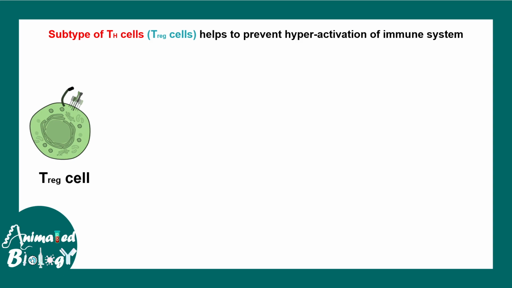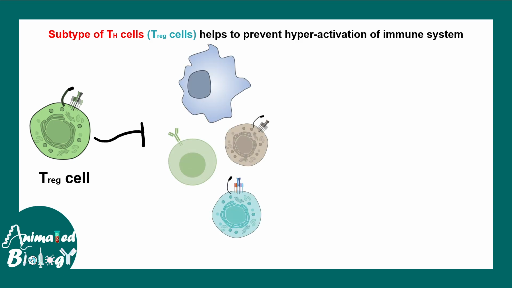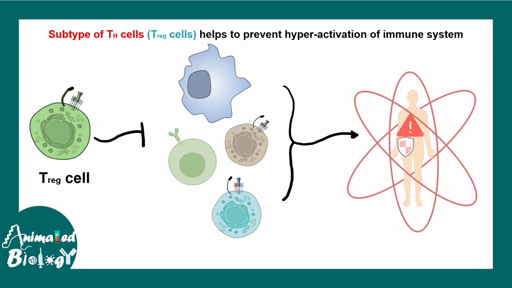There are also subtypes known as T regulatory cells, which work like an immune homeostat. They negatively regulate many immune responses and prevent the risk of autoimmunity. Both the inflammation promoting T cell subtypes and regulatory T cells are important for our body's immune homeostasis.